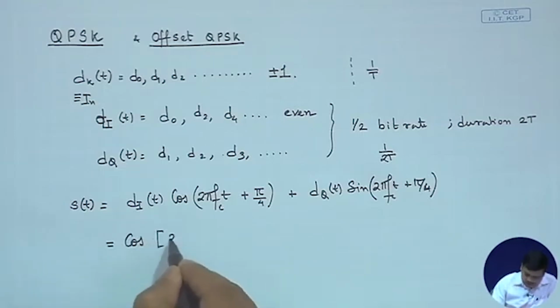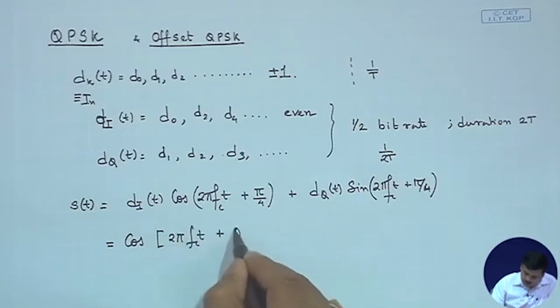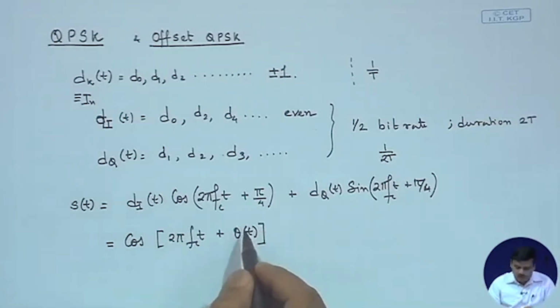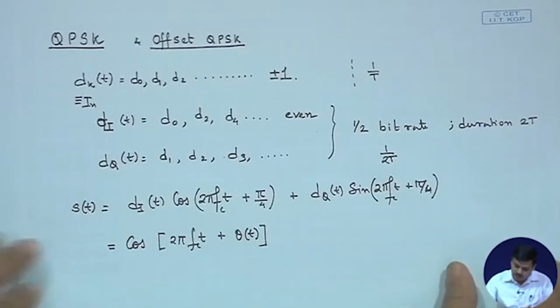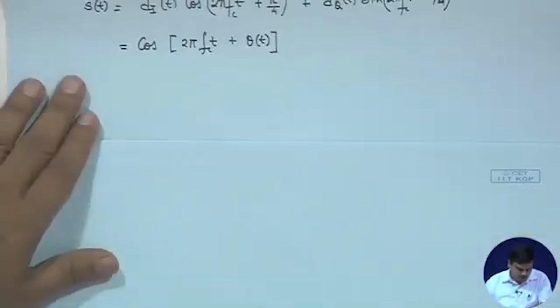You could also write this in the form of cos(2 pi f_c t plus theta(t)), where this theta would be choosing one of the 4 possible phases that are required in a typical QPSK.